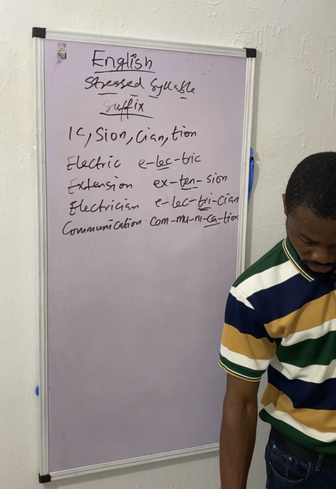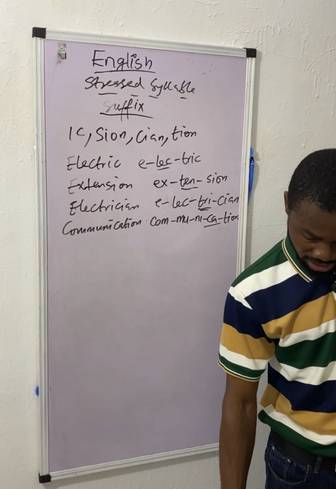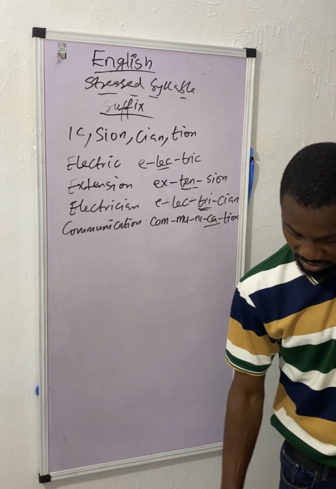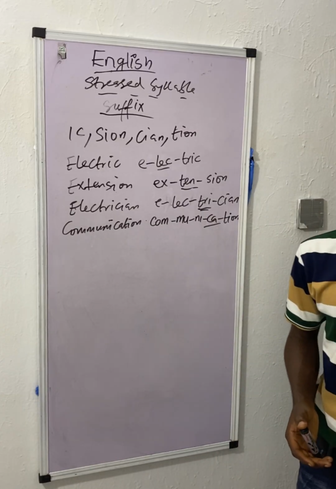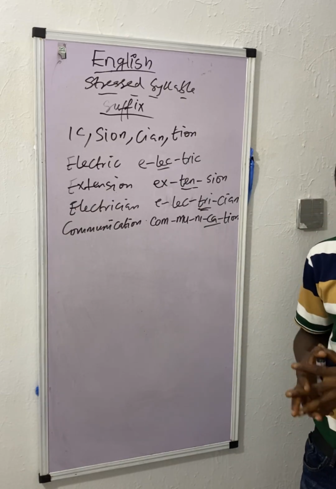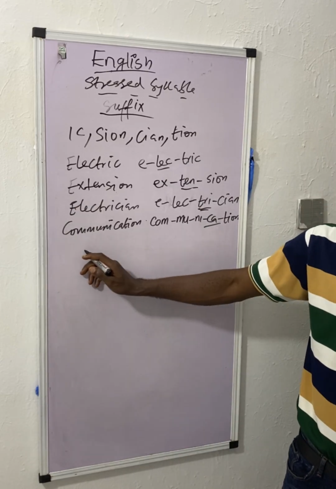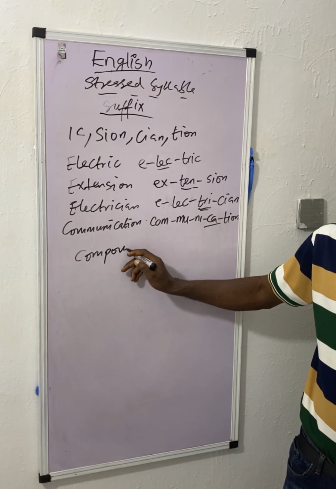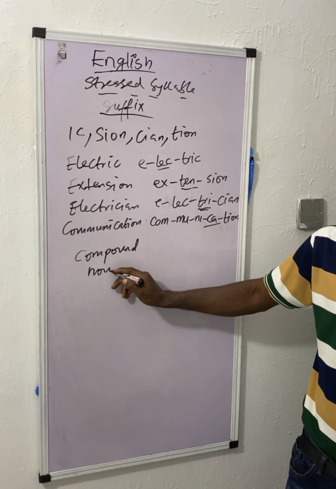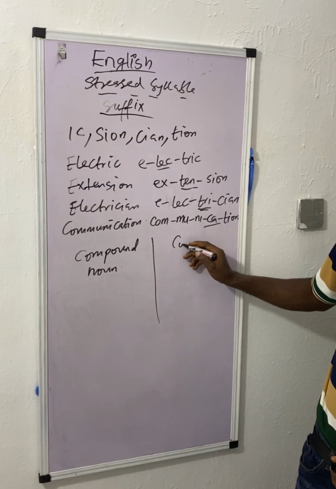Then compound words. Compound nouns stress the first part of the compound word, while compound adjectives and verbs stress the second. For example, compound noun, compound adjective, adjective slash verb.